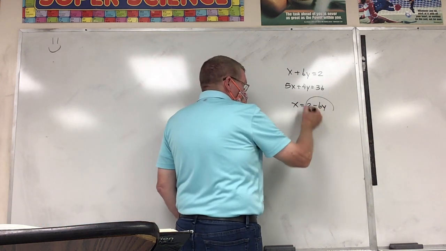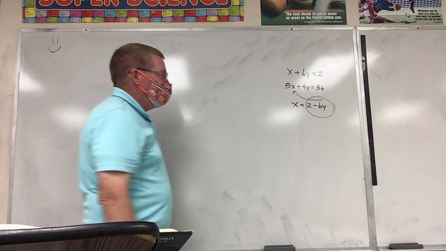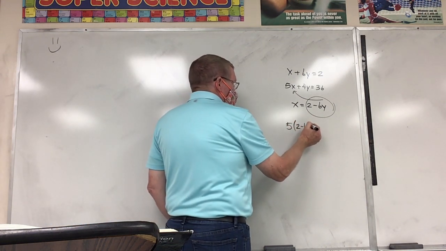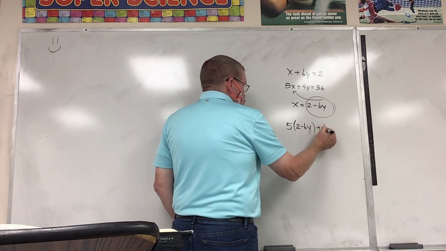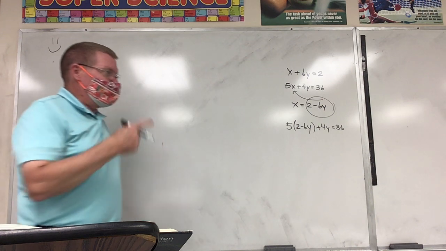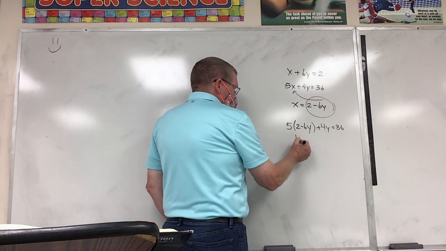We're going to take that value, substitute it in for the x in the other equation. So now we get 5 times (2 minus 6y) plus 4y equals 36. If we do it right, then there should not be an x left. Multiply.